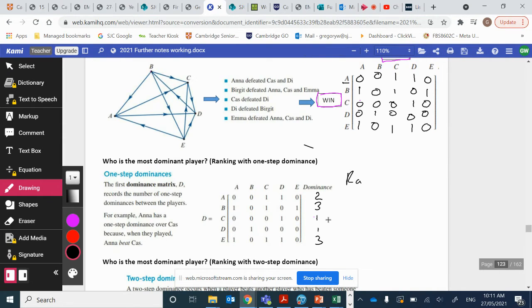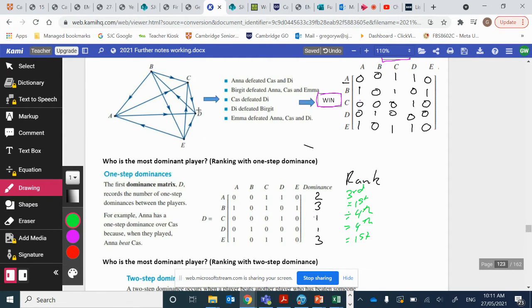So when we go to our rank, well, because B has won the 3 matches, it's first, but it's actually equal first with E because they've had the same victories. A came third, and then C and D came equal fourth.